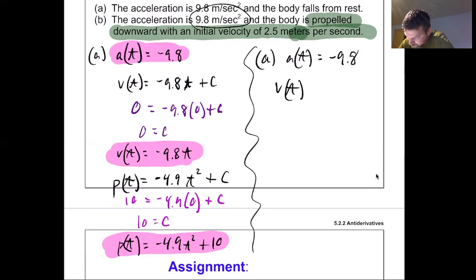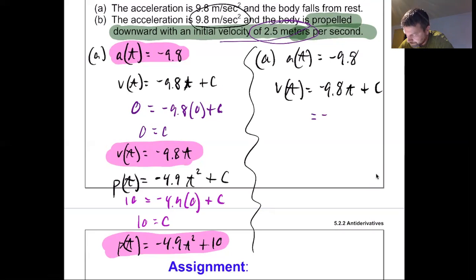Velocity then would be negative 9.8 t plus some constant. To find that constant, I need to plug in a little bit more information. They told me the initial velocity was 2.5 meters per second. The initial velocity would be the velocity at time equals 0.